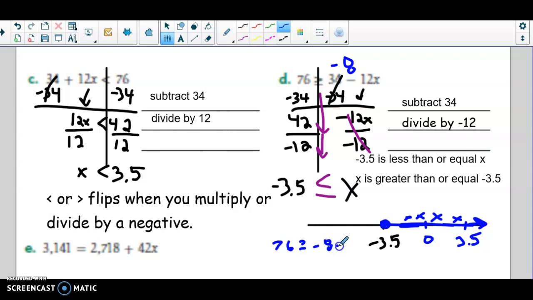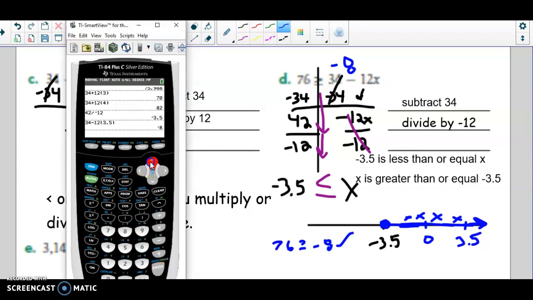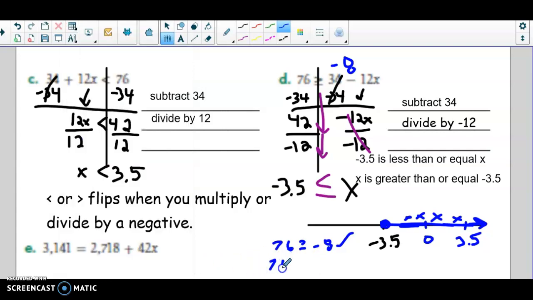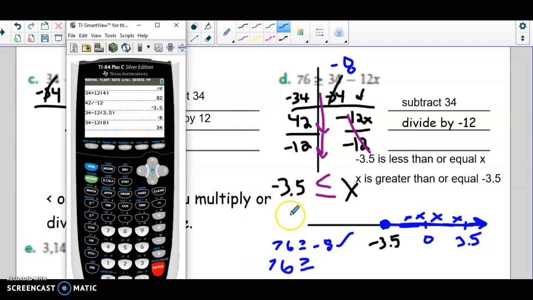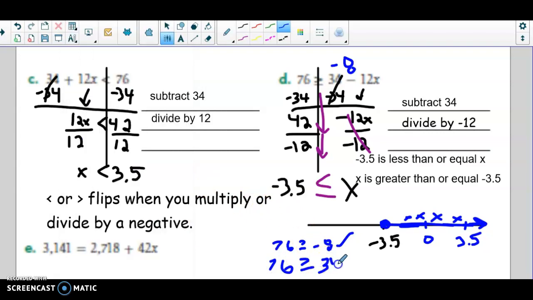Yeah, that's true. Okay, let's try another number. Let's say we try 0. Is 76 greater than or equal to what we get here, 34? Yes, it is greater than 34.